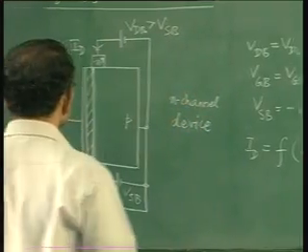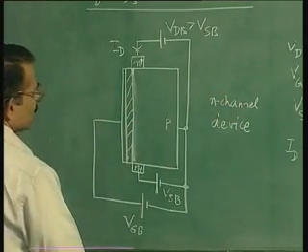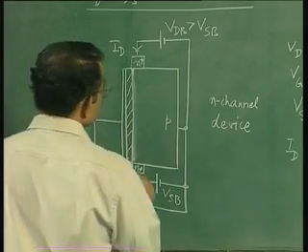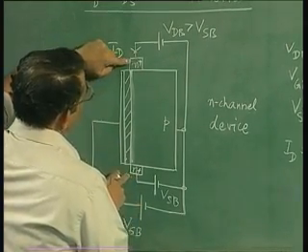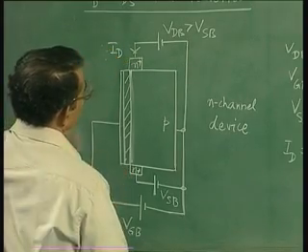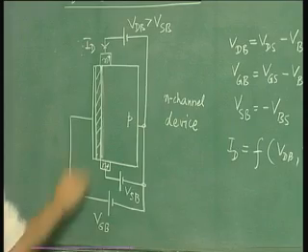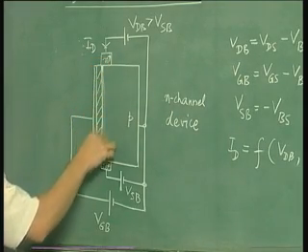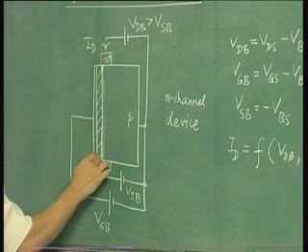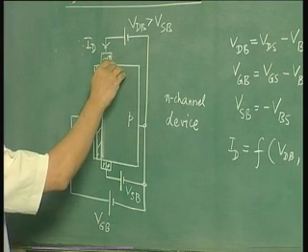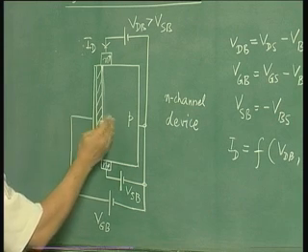Now let us look at the charge picture in the device. How does it look like? Now notice that when we don't have any difference between the drain to bulk voltage and source to bulk voltage, that is when VDB is equal to VSB, then the charge will be uniform because everywhere the potential is the same. So you will have the inversion layer and you will have the depletion layer under the inversion layer or next to the inversion layer.